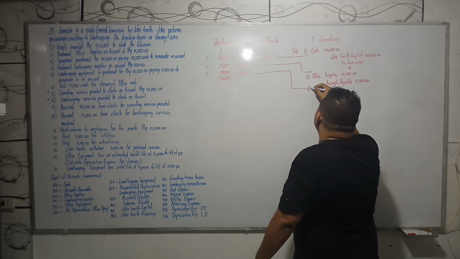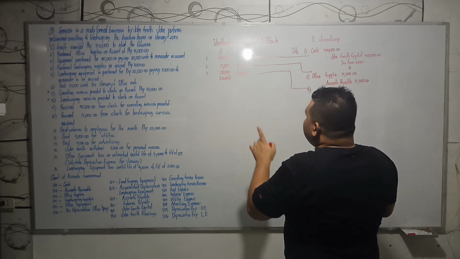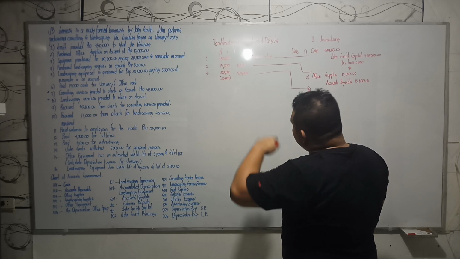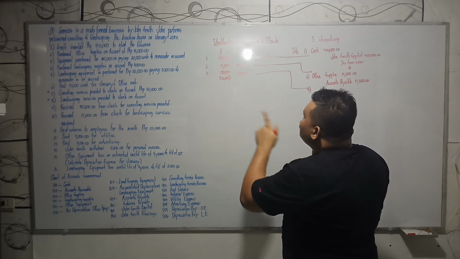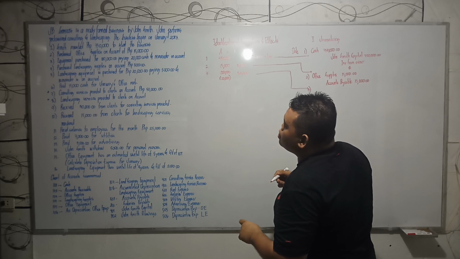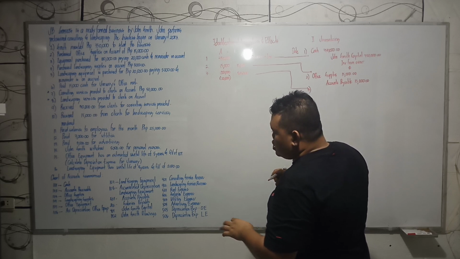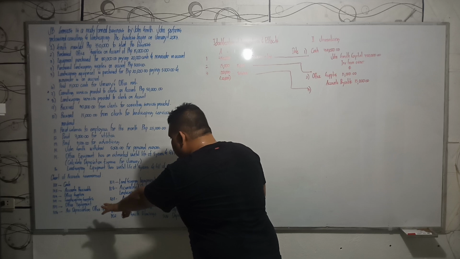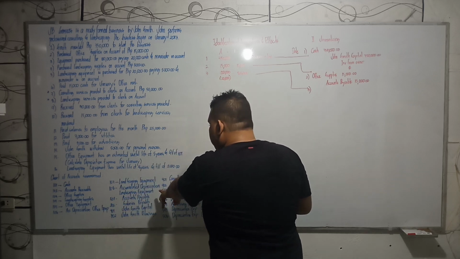So the entry would be, of course, equipment, the 100,000, it's debited because it's increased. However, what particular equipment? Since we don't have it here, we have office equipment, we have landscaping equipment.